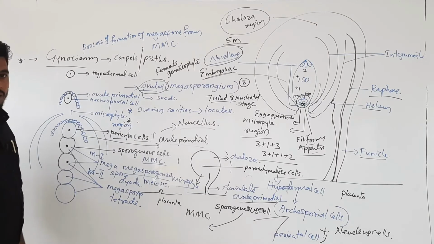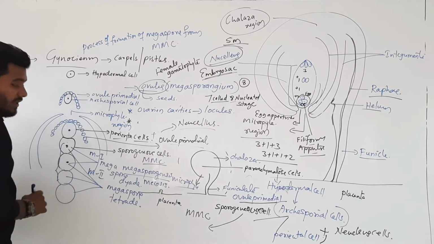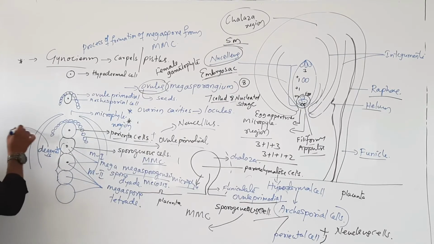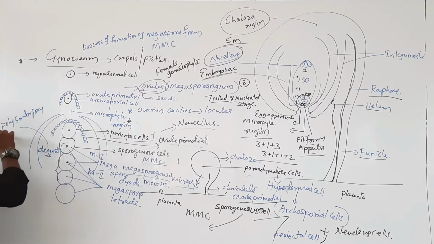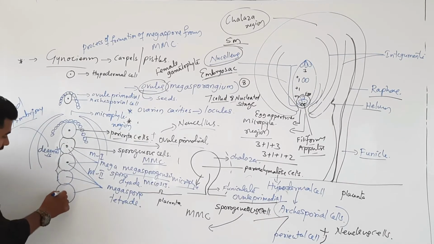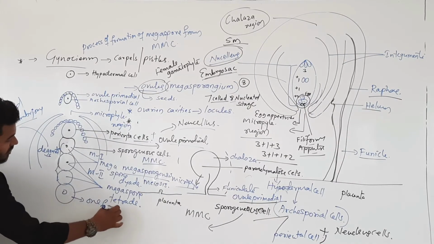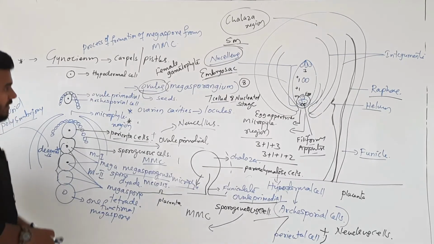Later, three of these megaspores degenerate, only to avoid polyembryony, and only one functional megaspore remains.